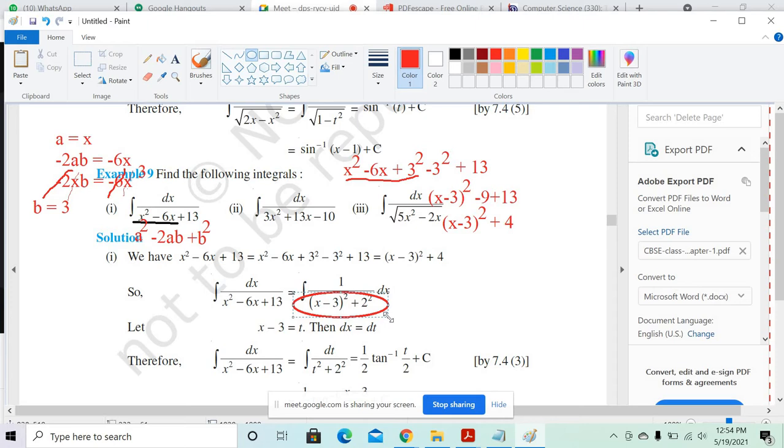Any questions, any doubts? No, sir. Clear. So completing the square is clear to you? Yes, sir. Basically you need to get the value of b. That only you have to square and subtract, no? Add and subtract the square, b square. Right?